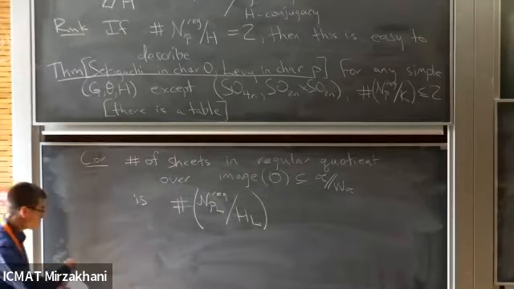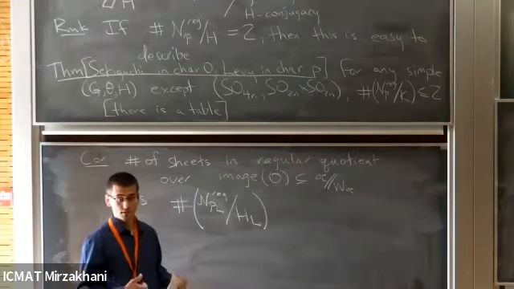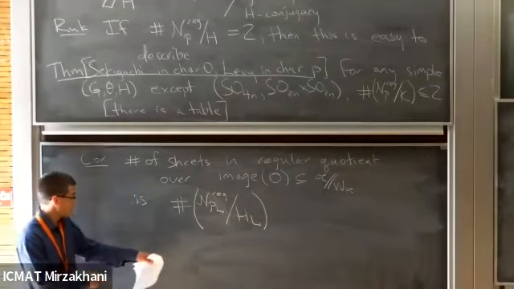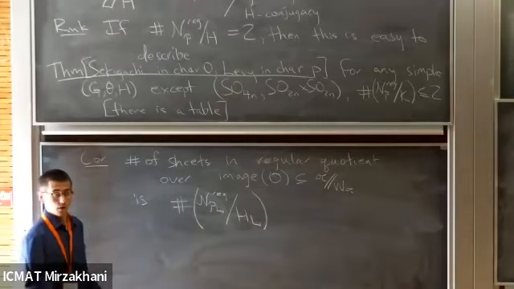So you reduce yourself down to Levis where you have some classification results that tell you how many nilpotent orbits there are.